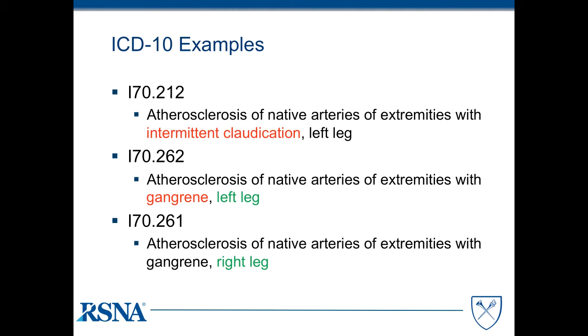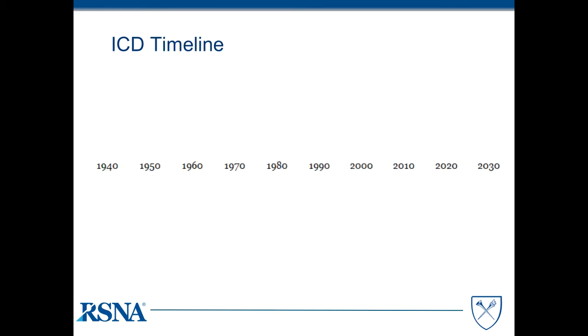And for a given diagnosis, changing the side of the body, here simply from left to right, also changes the correct code to use. So hopefully you can see why capturing this clinical information from your referring physician, from your technologist, and from your electronic medical record, and getting it into your radiology report for your coders to use is so very, very important.